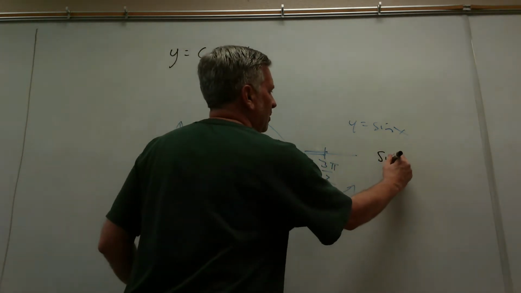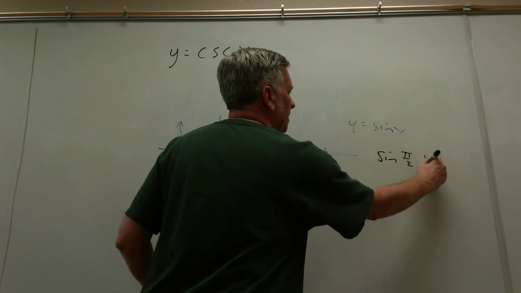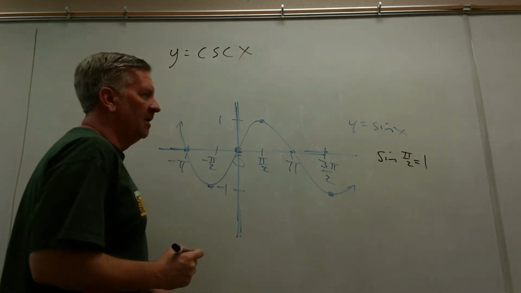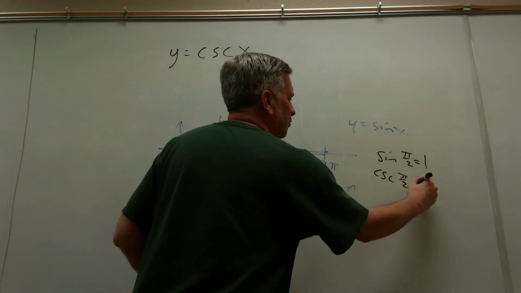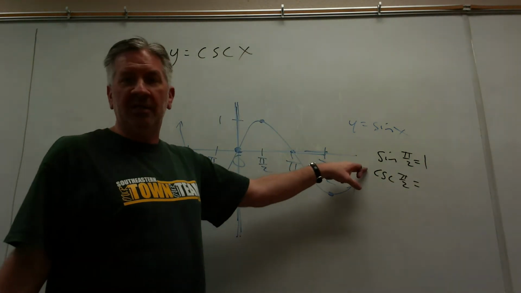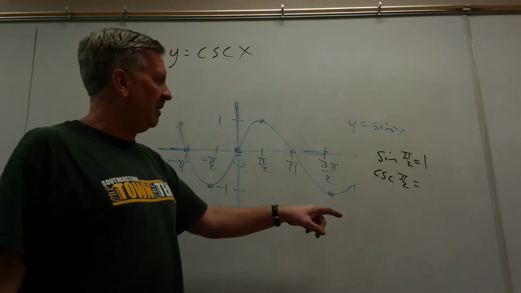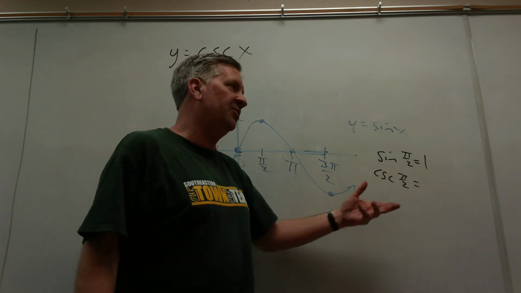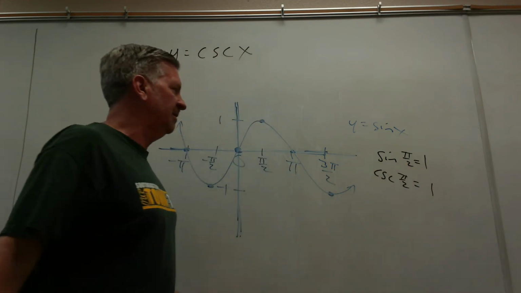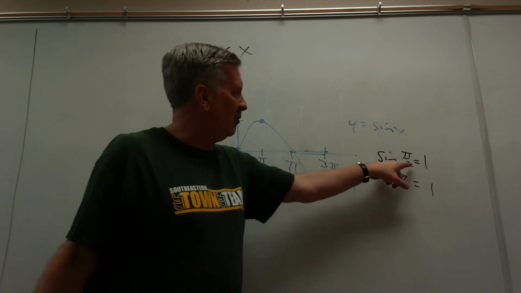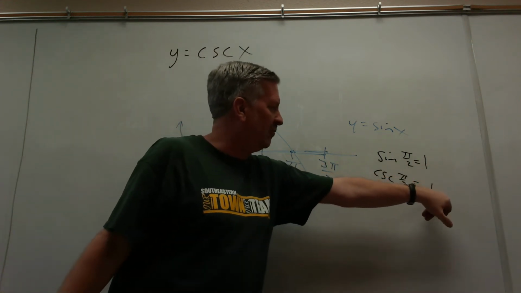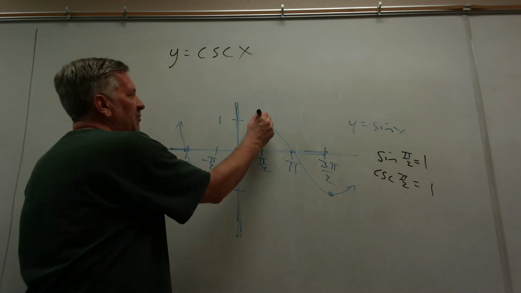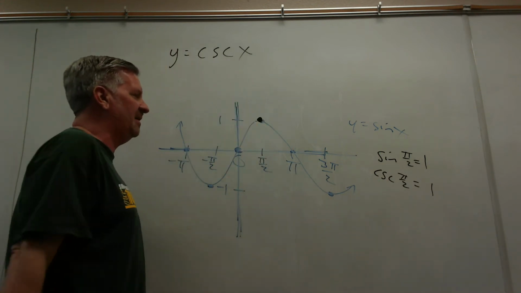Well, what would the cosecant of pi over 2 be? Well, sine and cosecant are reciprocals of one another, and the reciprocal of 1 is 1 over 1, which is also 1. So the point pi over 2, 1 is on the graph of the sine function. The point pi over 2, 1 is also a point on the cosecant function. So that point stays the same.